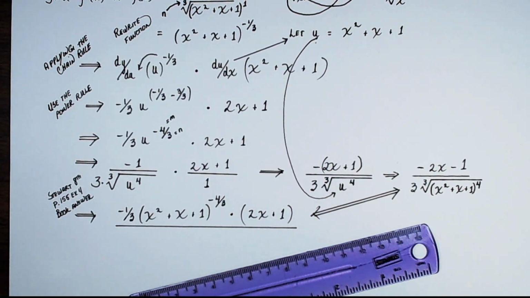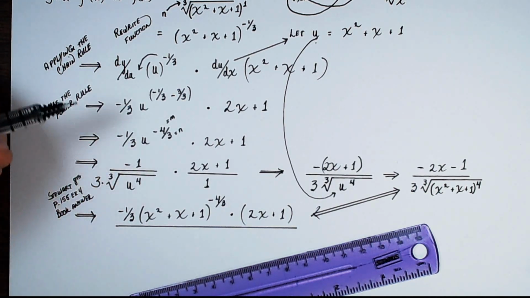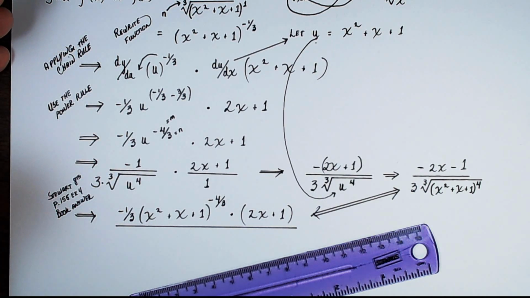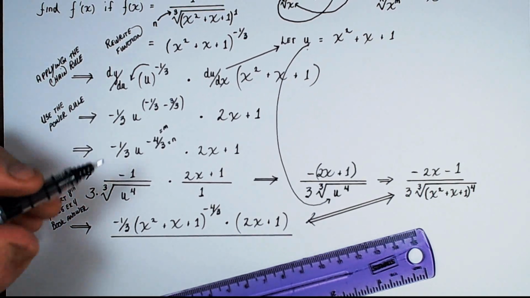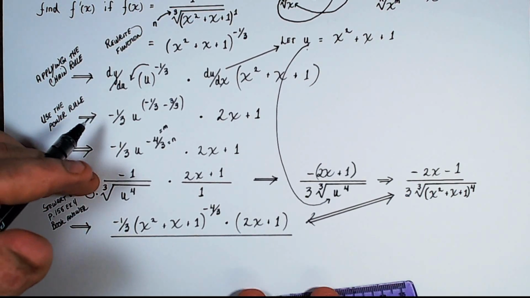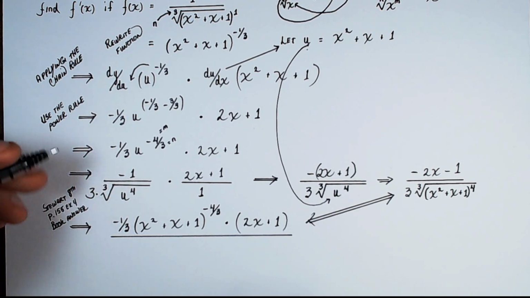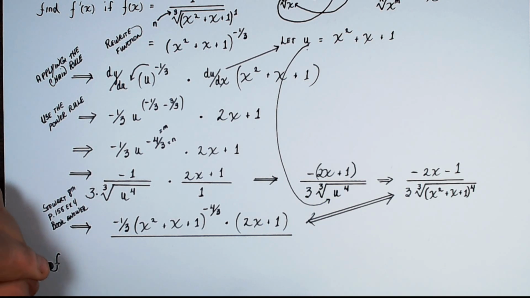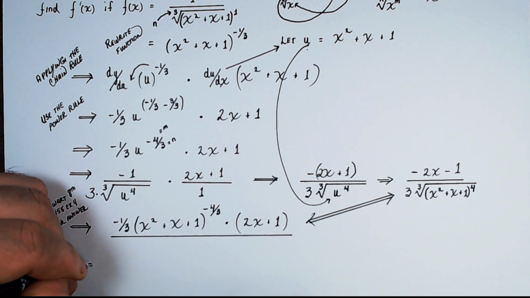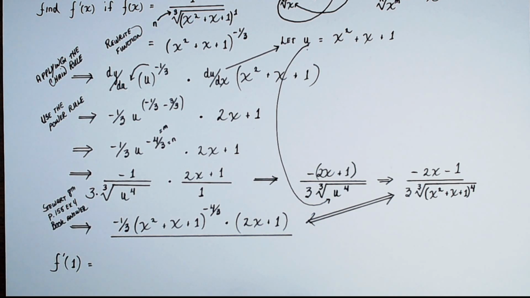It's always good to verify, right? So let's make sure that we're right. Like, yeah, the book says we're right, but how would we verify it with a calculator? Well, we can use the nDeriv function on our graphing calculator to evaluate this derivative. So let's say f prime of, well, we could really do anything, but let's do f prime of 1. So everywhere we see an x, we're going to substitute in a 1.